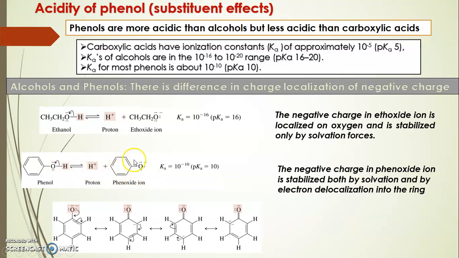So it will be more acidic. So the acidity depends on the stability of its conjugate base. Similarly, another example, cyclohexanol and phenol: cyclohexanol is less acidic when compared to phenol because here no resonance structure is possible.